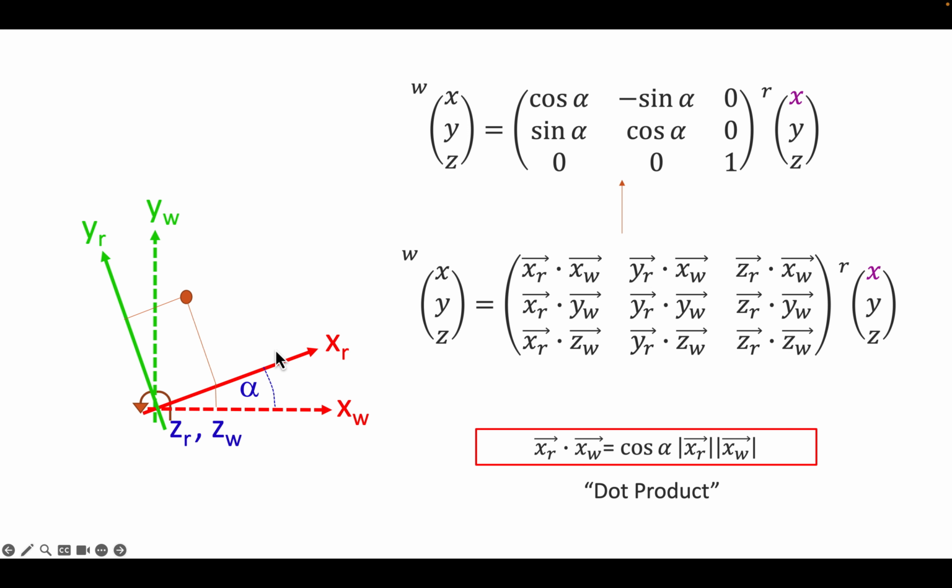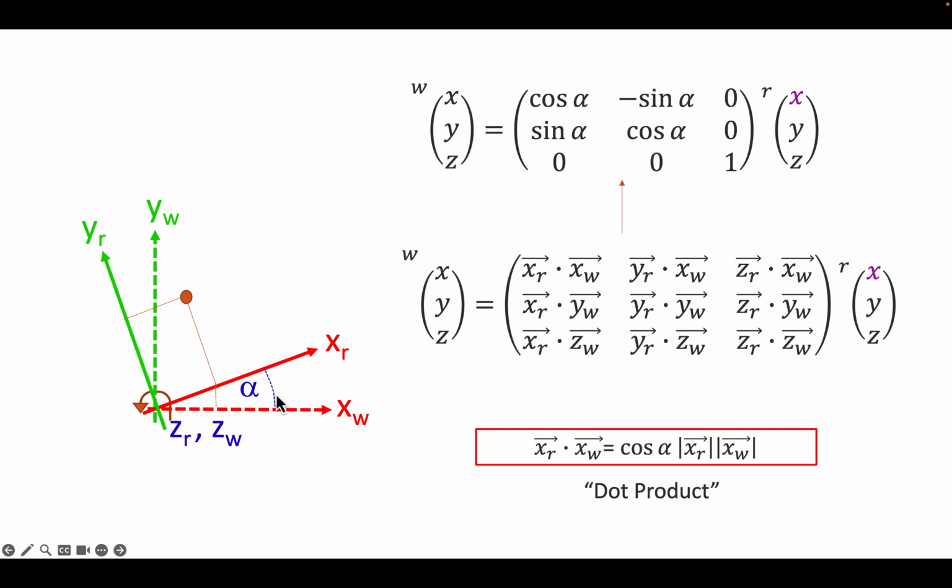And one way of doing that is using the dot product. Now, the dot product is defined as the cosine of alpha, which is the angle in between 2 vectors, times their length. Now, the length of these vectors is always 1, which is very convenient. So I can drop this here and essentially just plug in the cosine of the angle in between them. All right, what's the angle between xr and xw?